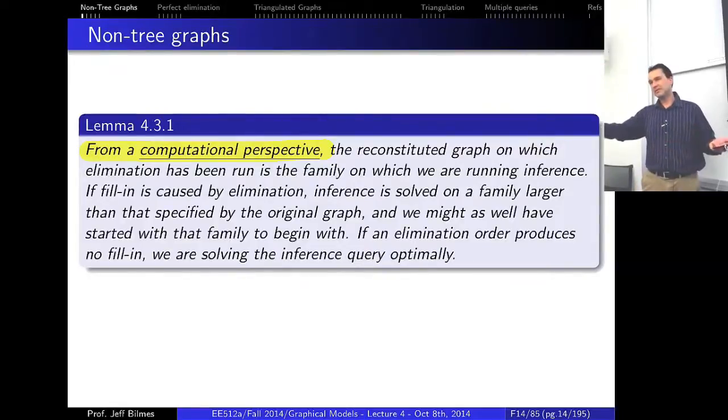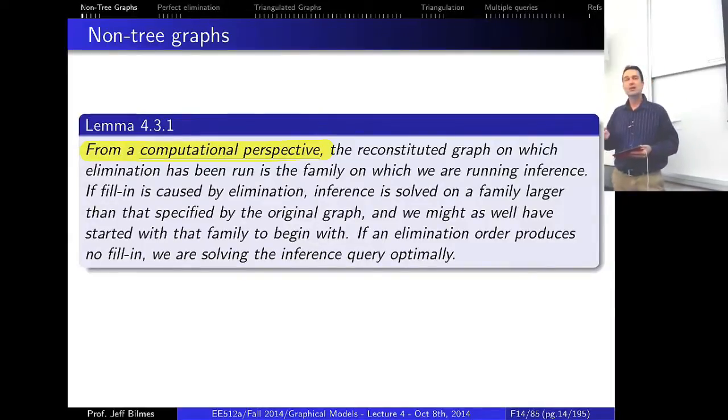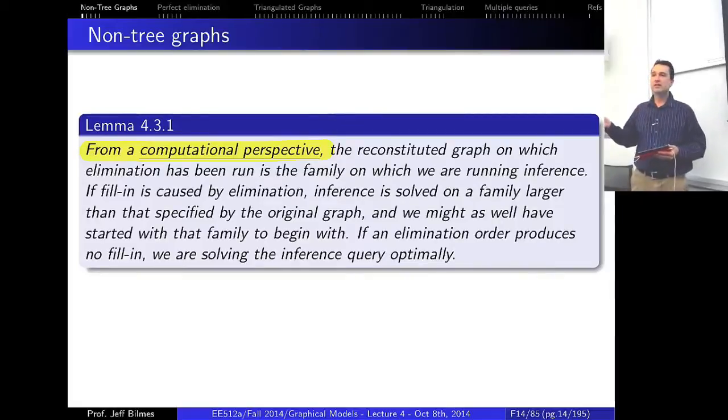Now, maybe you have a different elimination order, but if it's a graph that doesn't have a perfect elimination order, no matter what elimination order you use, it's going to produce some fill-in. And so no matter what elimination order you use, you're going to be computationally working with the elevated family that corresponds to that reconstituted graph. Okay?